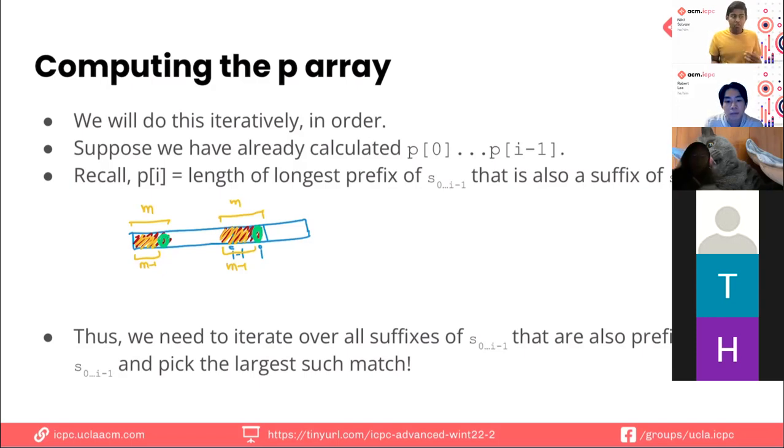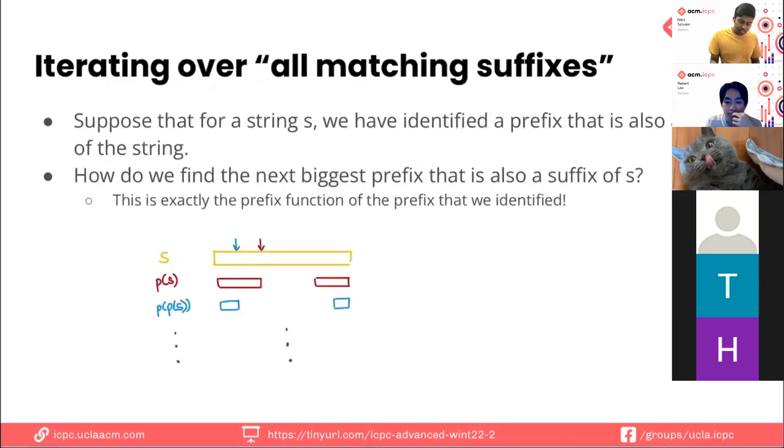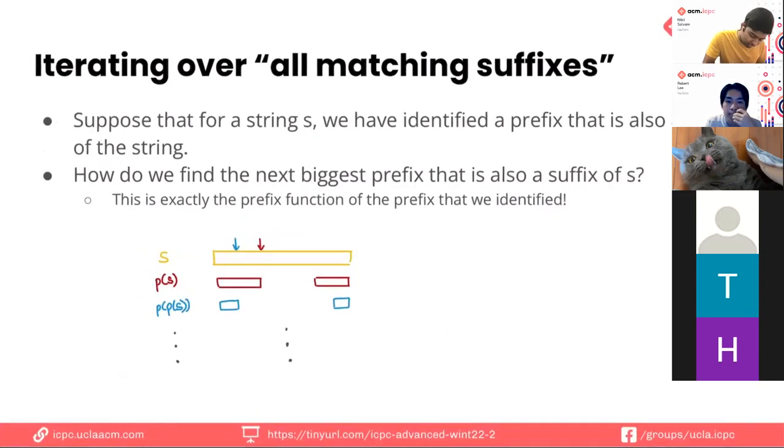So what we can instead do is iterate through the suffixes of I minus 1 that match a prefix in decreasing order of length and just pick the first one that works, all right? So here's another picture. This is your entire string S, okay? So you look at the first suffix that matches a prefix, and then you essentially see, and suppose this is your character I, right?